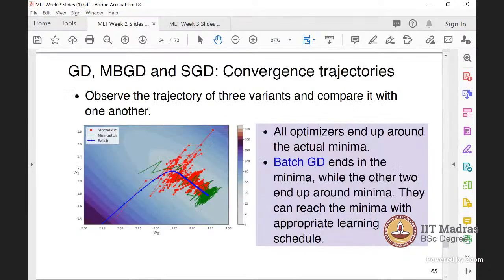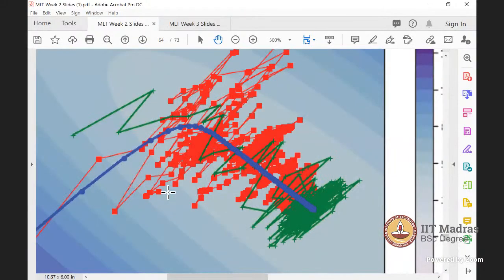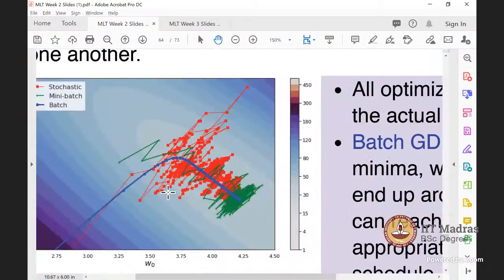So in this diagram, the trajectories taken by the three variations of gradient descent over the loss function are very clear. The smoothest one is the blue one, which represents the standard gradient descent approach, in which we go through the entire training set before updating our weight vector even once.